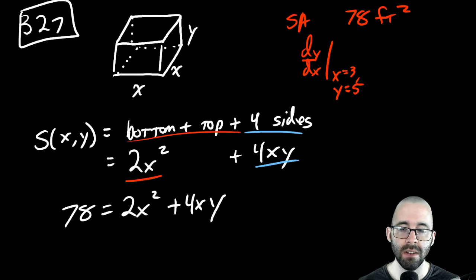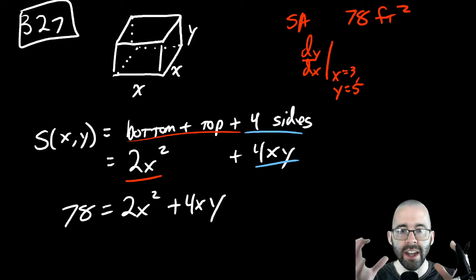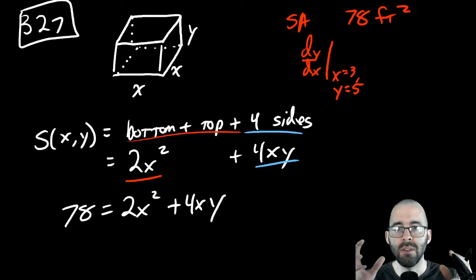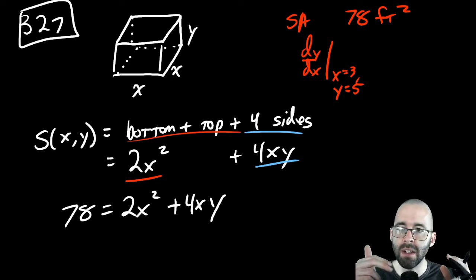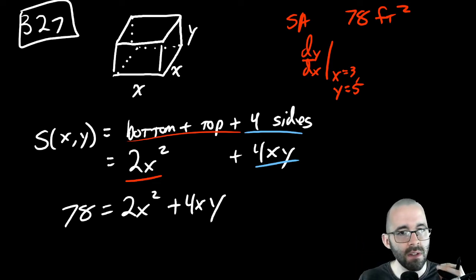Okay. And it is. So at (3, 5), the rate of change of y with respect to x, dy/dx, at this specific size box, if we increase x by a little bit, how does y change to still be one of these boxes?